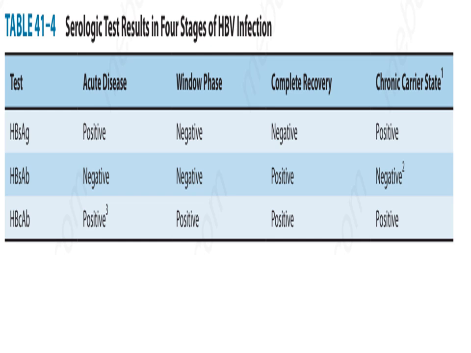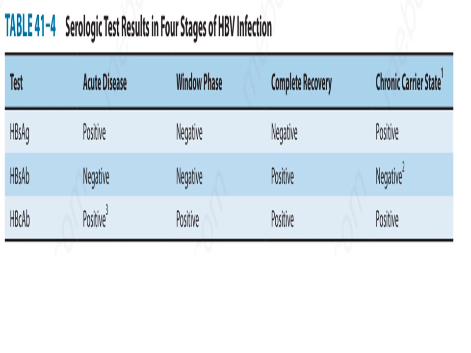Serological test results in the 4 stages of HBV infection: acute disease, window phase, complete recovery, and the chronic carrier state, looking at HBs antigen, HBs antibodies and HBc antibodies.